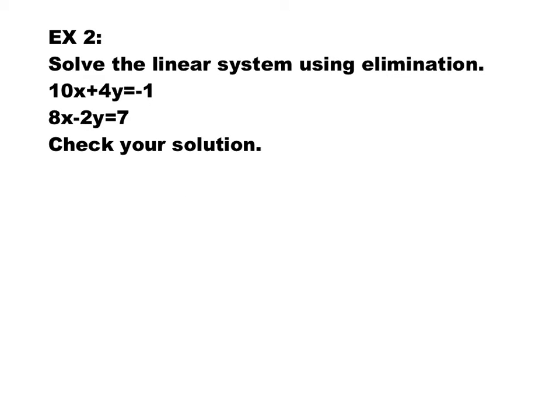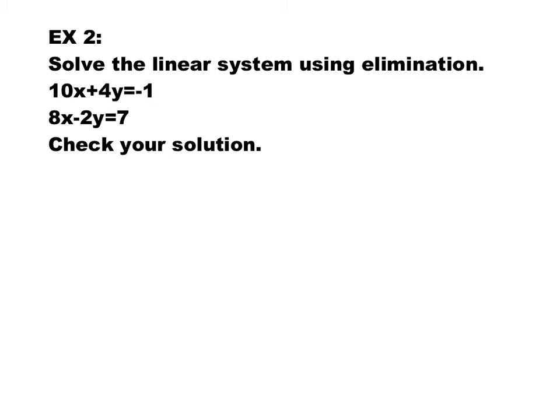The next question says solve the linear system using elimination. The system is 10x plus 4y is equal to -1, and 8x minus 2y is equal to 7. This example is different from the other one that we just did in that the coefficients are not the same.